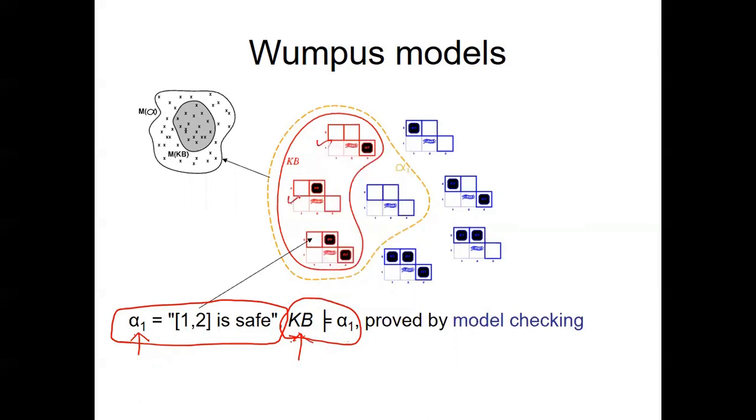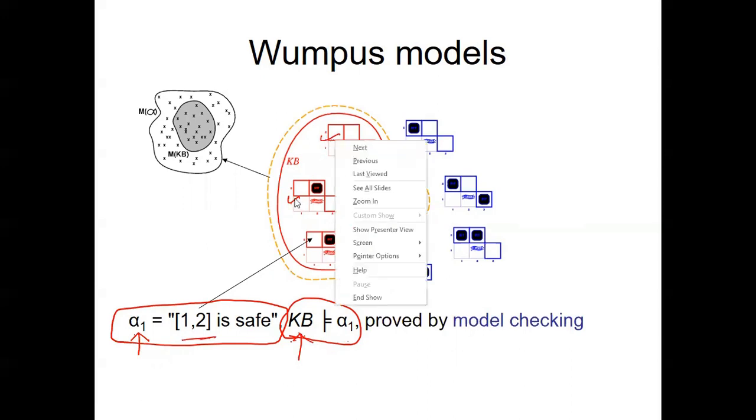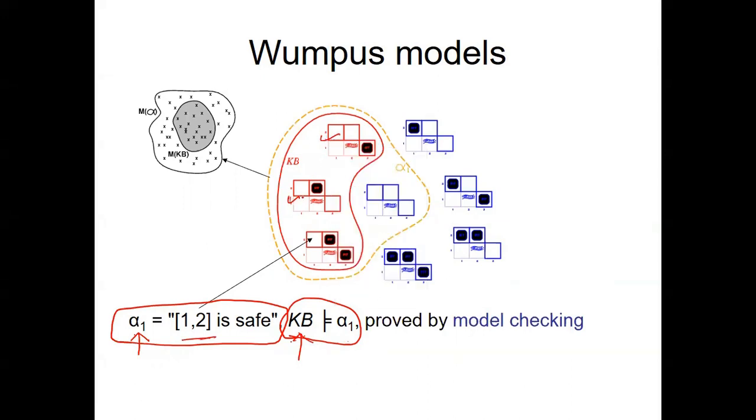Here too, KB is true, the statement 1, 2 is safe, and alpha 1 is also true. So this is an example for KB entails alpha 1.